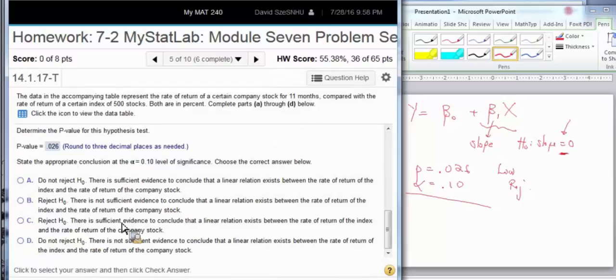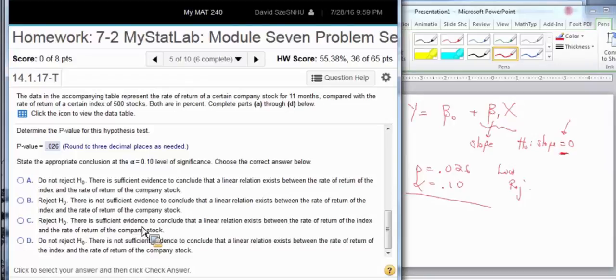There is sufficient evidence. So this type of wording, reject when P is low, there is sufficient evidence, that's always true for hypothesis tests. It doesn't matter whether we're testing the slope or the intercept or proportion or two means or whatever. Rejecting the null hypothesis always means there's sufficient evidence for the alternative.